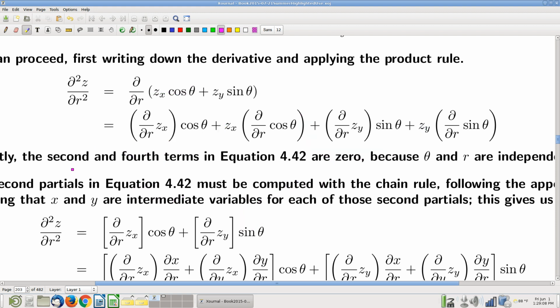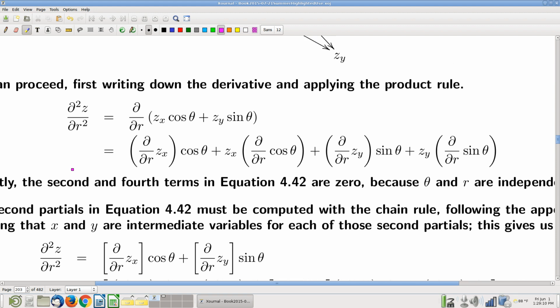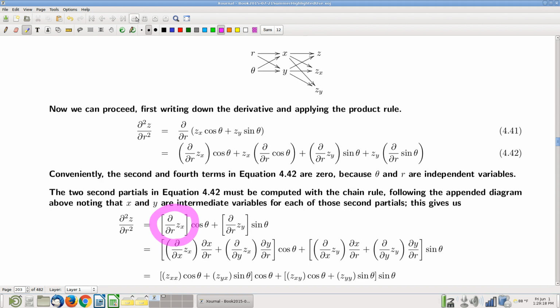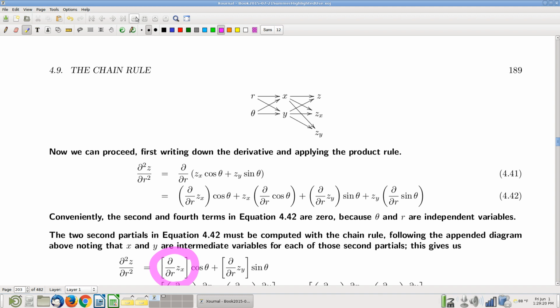Okay, now here's where we have to worry about the chain rule again. Look at this guy here, partial of zx with respect to r. Do we need to look at the diagram? What does that mean? How do I deal with that? Well, here's zx. Here's r. There are two intermediate variables. That means that we're going to apply the chain rule.